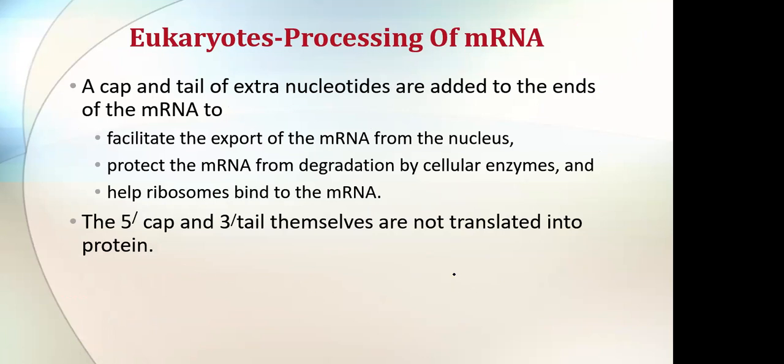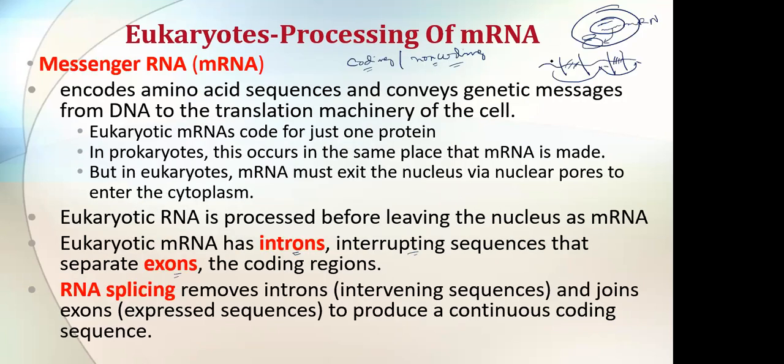That is one thing that happens in eukaryotic processing. At the beginning, the cell makes a really large, huge messenger RNA. After RNA splicing, a very small piece of messenger RNA comes out of the nucleus. So that's one eukaryotic cell processing step.